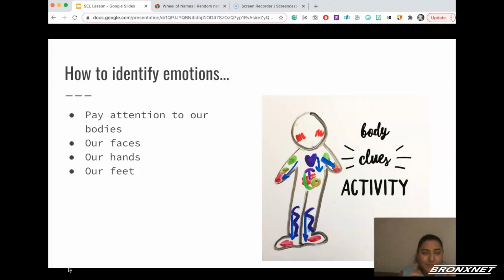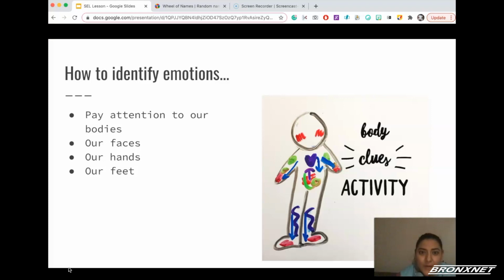What else can we pay attention to? What'd you say? Our hands? Yeah, our hands. If we're sweating, maybe we're nervous, right? If we're scared, we can pay attention to our hearts, right? Sometimes when we're scared, our hearts start beating faster. Bum, bum, bum, bum.